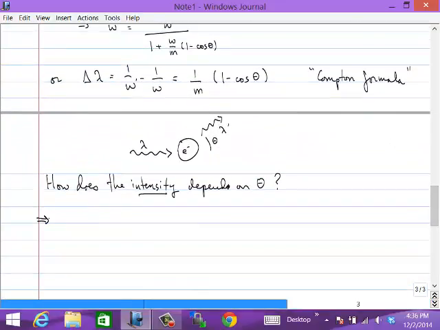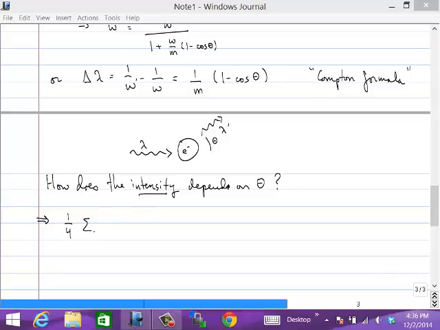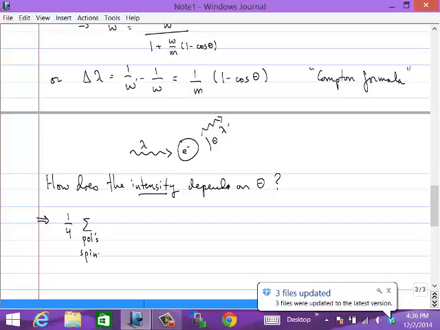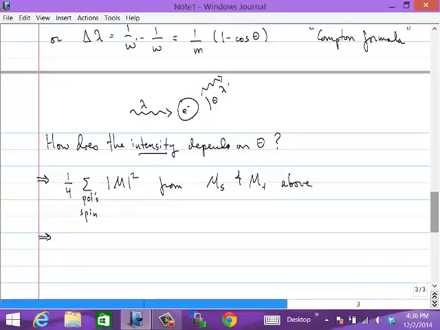And then you need to include all of the various terms that appear when you calculate a cross-section from a scattering amplitude. Okay. So you compute this from ms and mt above, and then you plug into our formula for the scattering amplitudes. Okay.